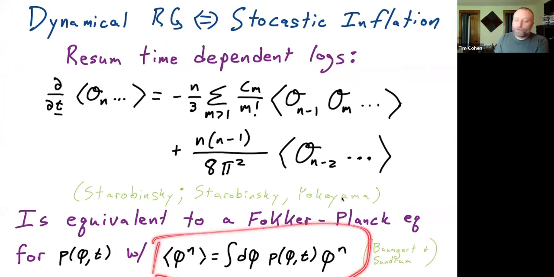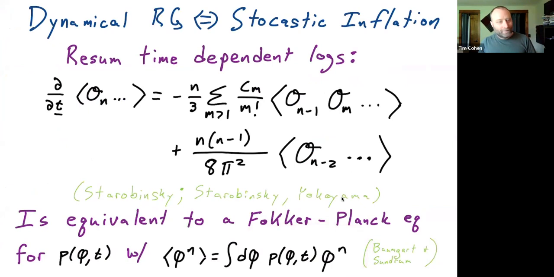So it's not at all obvious how, like I said, there's a lot of processing to go from something that looks like RG to something that looks like the Fokker-Planck equation.